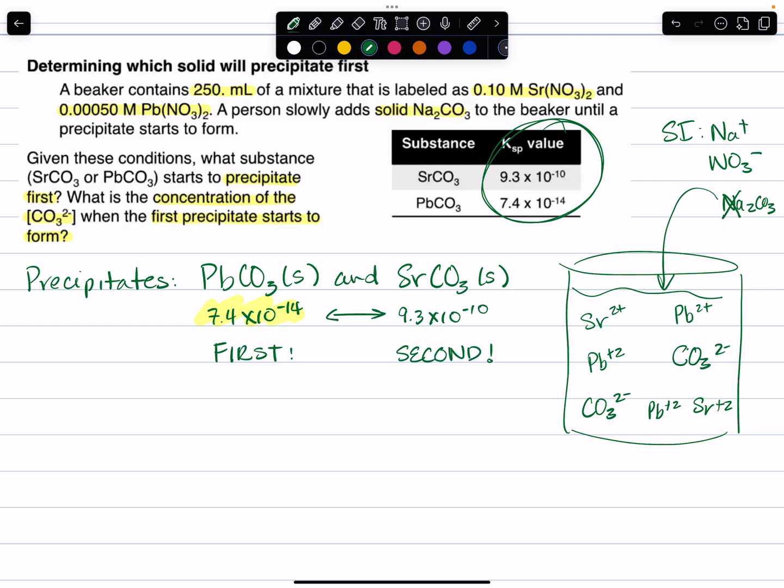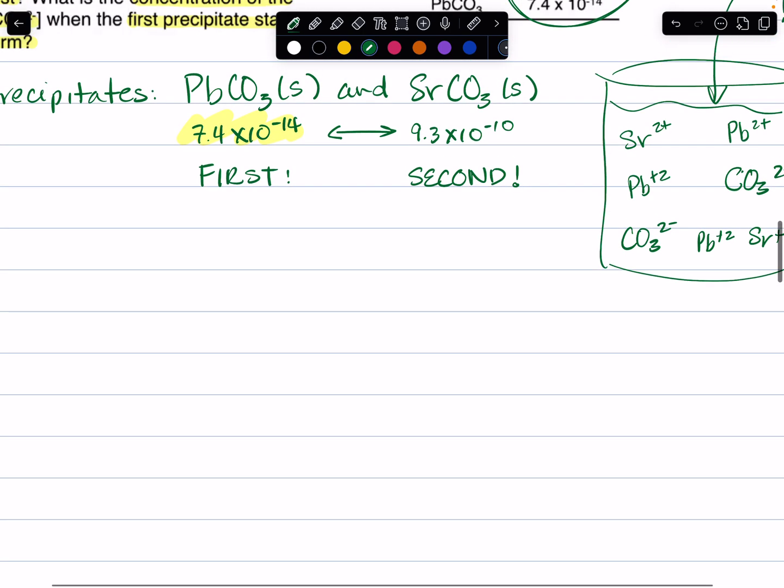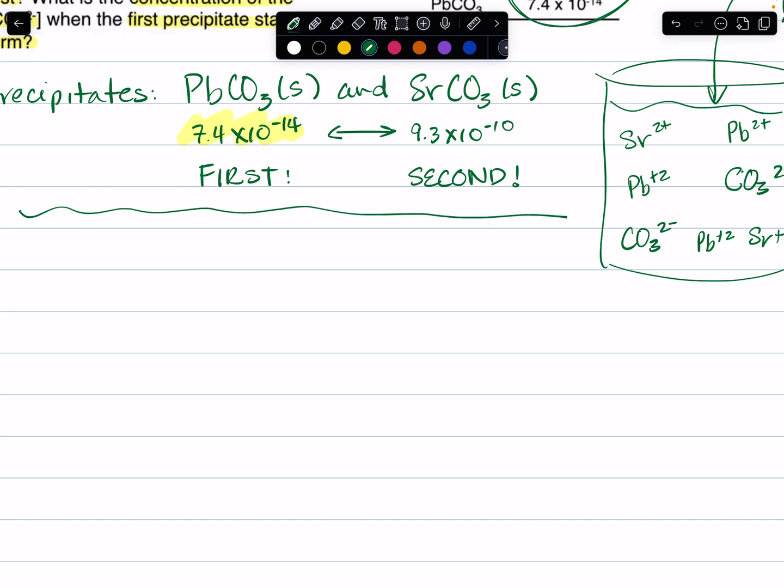That's just in general, and I have to prove it. So that's where looking for the minimum amount of carbonate comes into this question. I need to look at how much lead and how much strontium I have in solution, and what that means in terms of the amount of carbonate I need to cause this precipitation to happen.